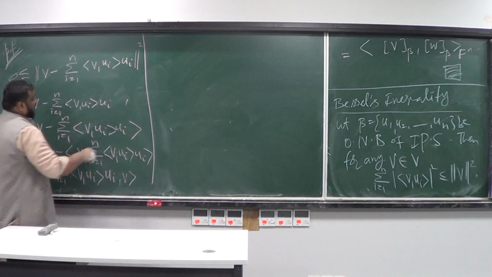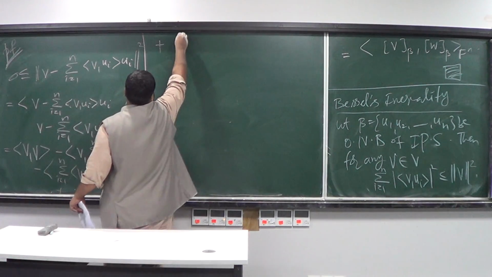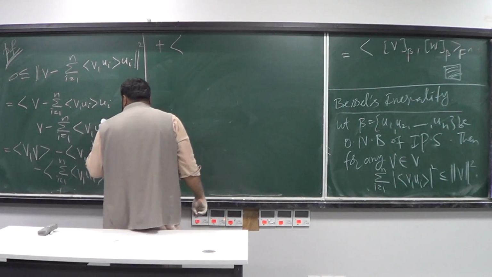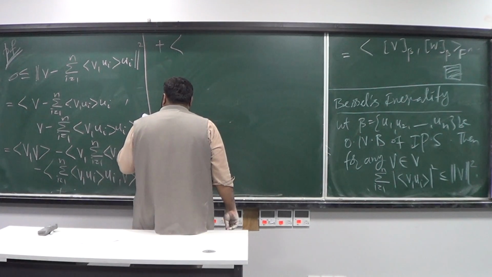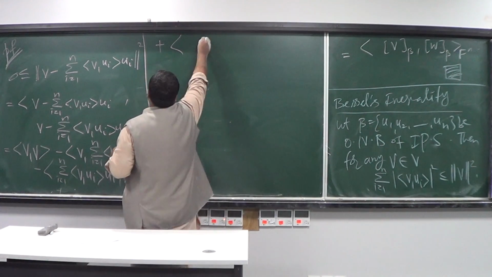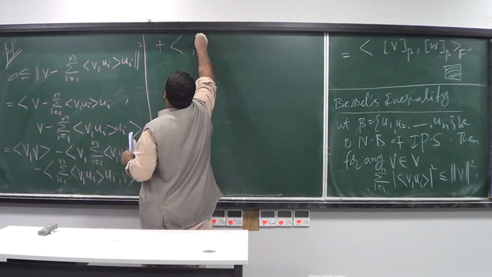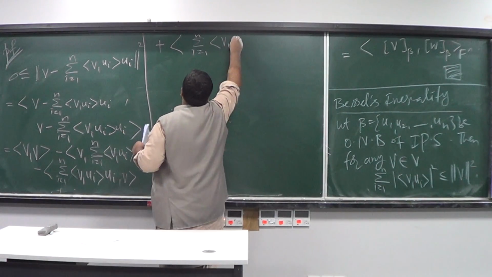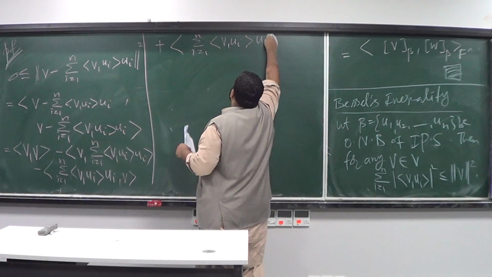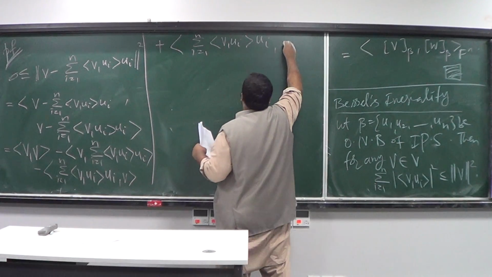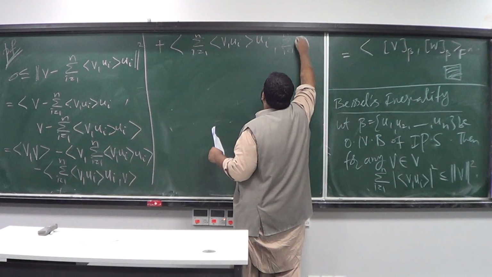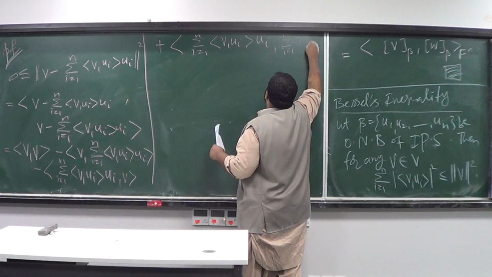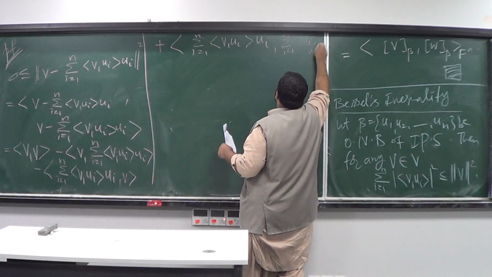So the final term that you're going to have is going to be the inner product of what? Of the sum from i equal to 1 to n of (v, ui) ui, with the sum from i equal to 1 to n of (v, ui) ui.